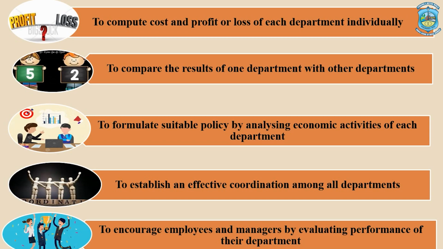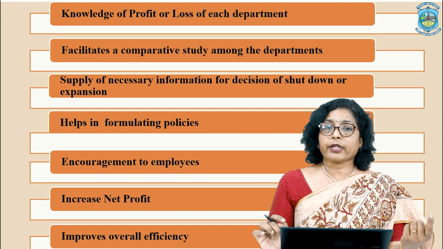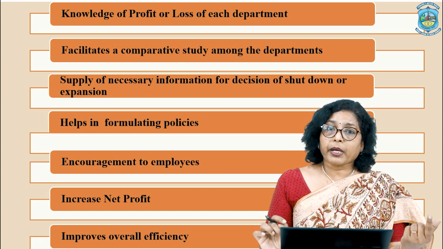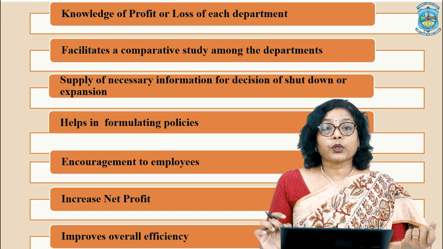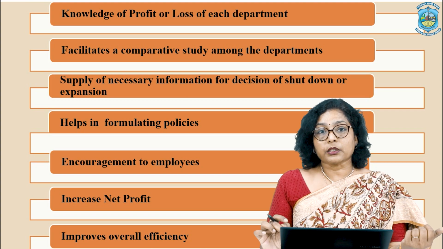Other objectives are to formulate suitable policy, to establish effective coordination among the departments, and to encourage the employees and managers by evaluating the performance of their department. Consider an example of an organization having a number of departments, where one department is running under a loss which gets compensated with the profit of other departments, which would not be satisfactory.